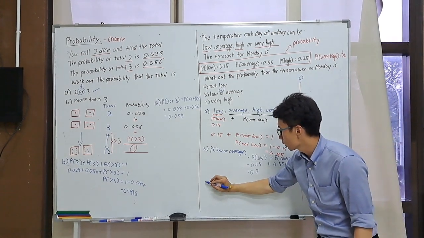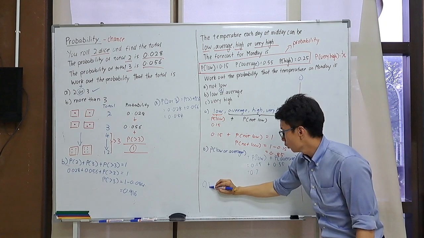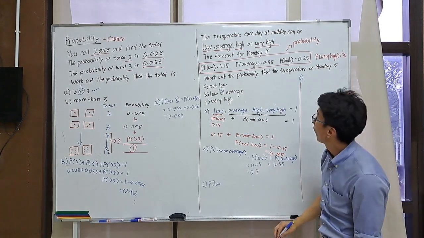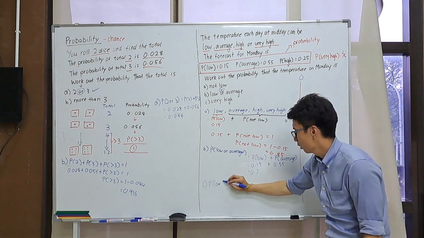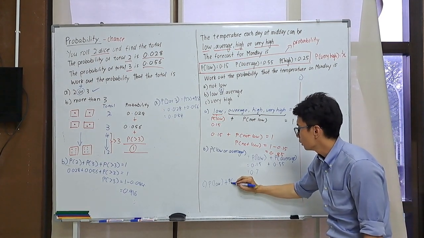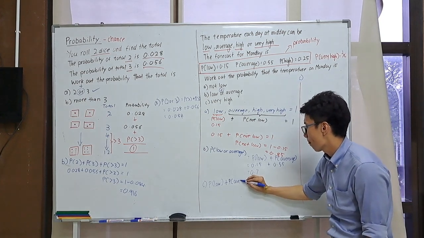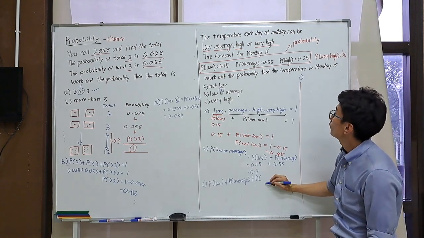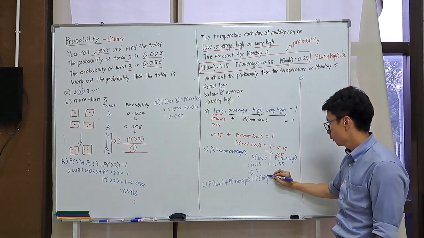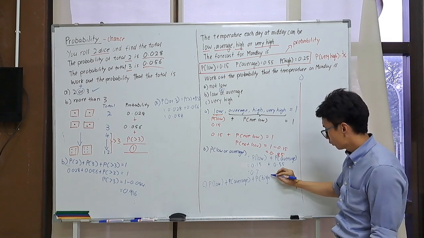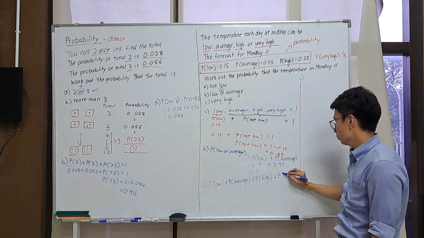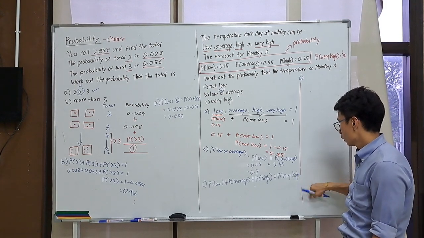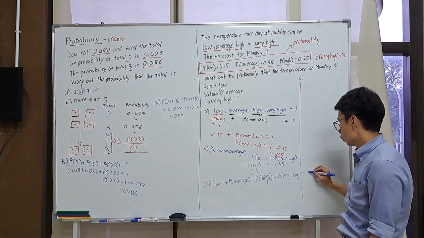In terms of my equation, I'm going to write it like this, because it's going to be long. The probability of low, plus the probability of average, plus the probability of high, plus the probability of very high, equals 1.